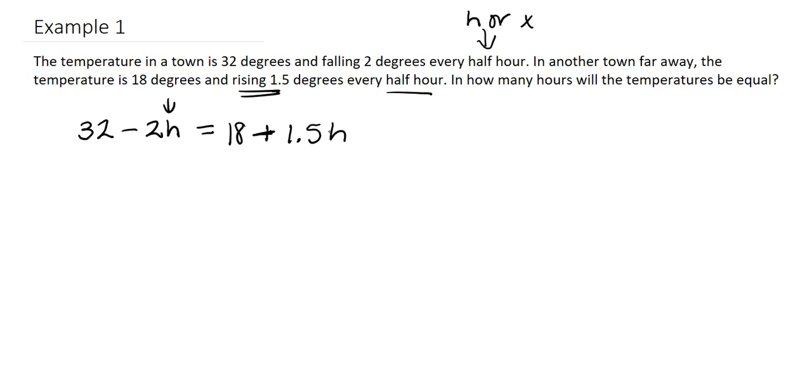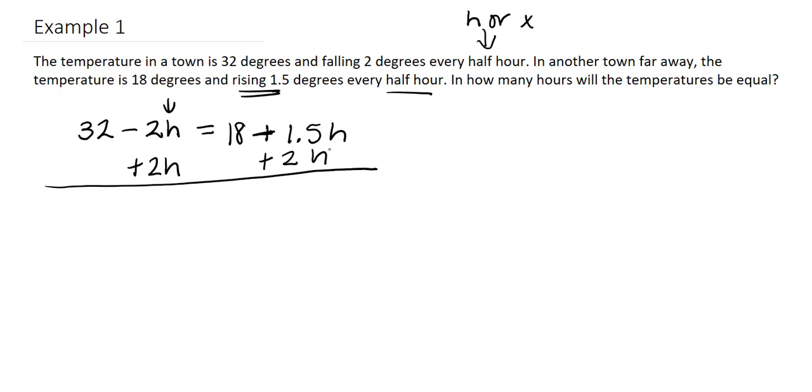Our first step is to move the variable by adding or subtracting. I like to do the one that is the lesser of the two numbers. So 1.5 is much greater than negative 2 because of that negative sign. So we're going to do the opposite of subtracting 2h. We're going to add 2h on the left, and whatever we do to the left, we do to the right.